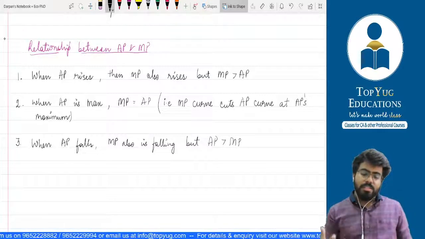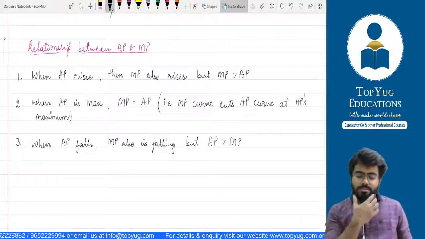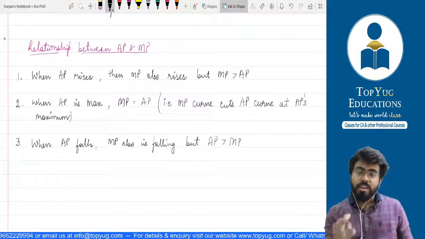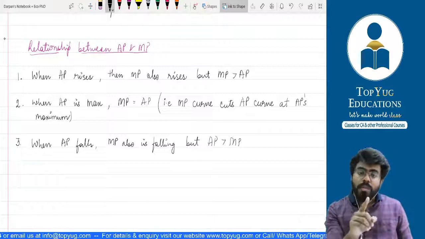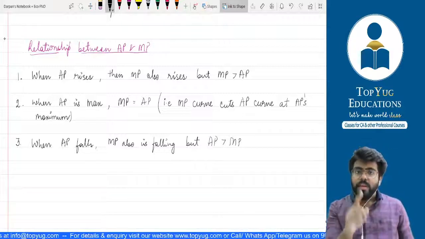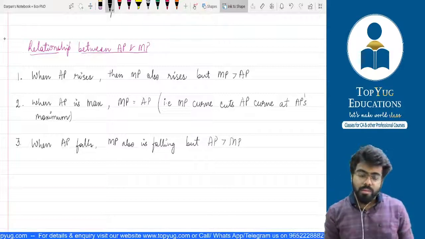Okay? So remember these 3 points. These 3 points are coming out of your table and graph only. It's nothing different. But remember these 3 points, especially the point when AP is maximum, that is when MP is equal to AP. What does that mean? That means MP curve is touching AP curve at AP's maximum, right?